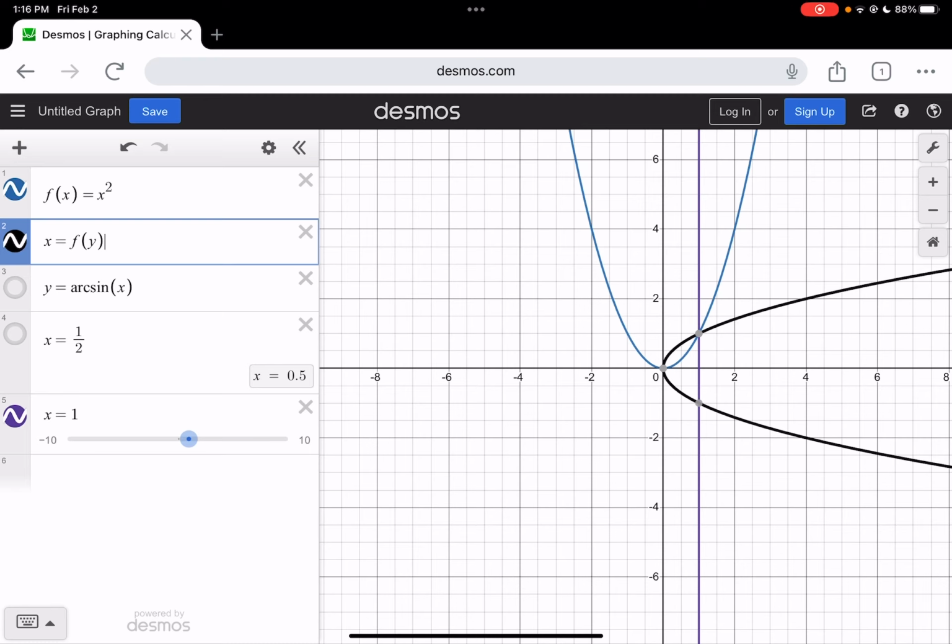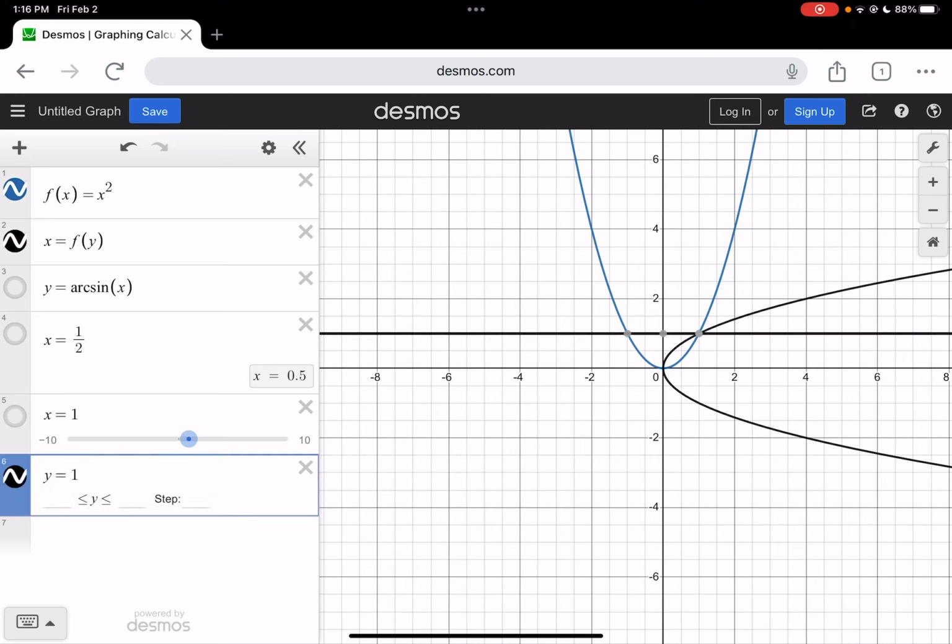And so this black curve, it's not a parabola, well, it is a parabola in some sense, but whatever. This black curve fails the vertical line test because the blue curve failed the horizontal line test. So the blue curve became the black curve.